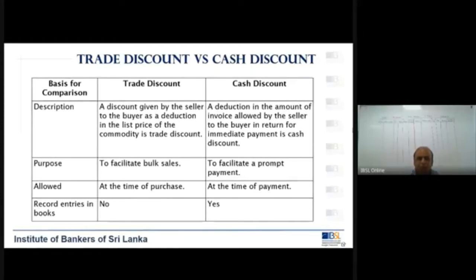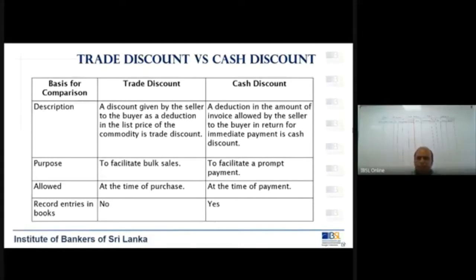Because a lot of discounts are offered, unlike during the other months, where the prices are not low compared to the seasonal times. And what type of discounts are offered? You get the trade discount and the cash discount.